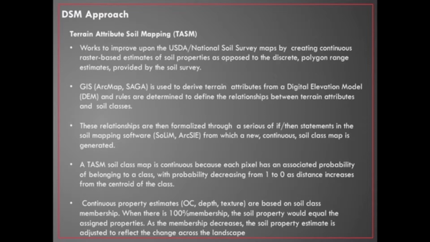The important thing to remember is that these class maps are continuous because each pixel has an associated probability, between 0 and 1, of belonging to that class. So one pixel can have membership in each class. This is what allows us to create continuous property maps, such as soil organic carbon, or for today's example, a map of depth to paleosol.